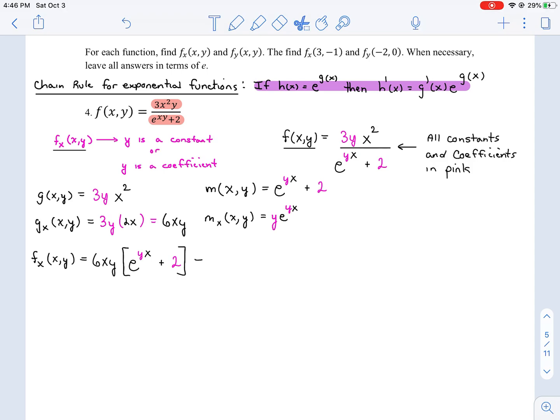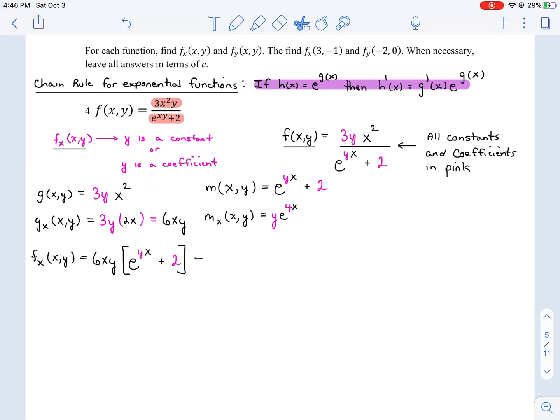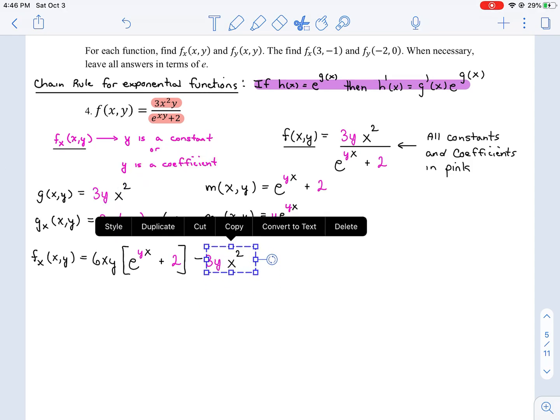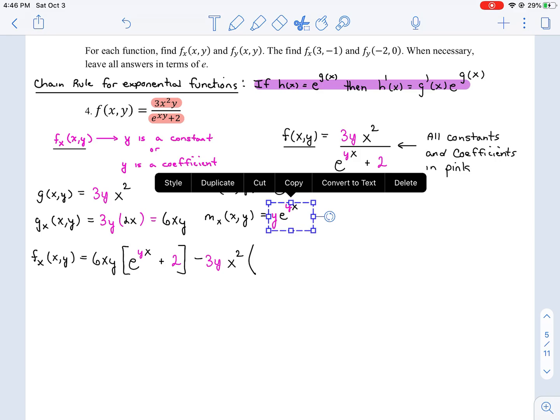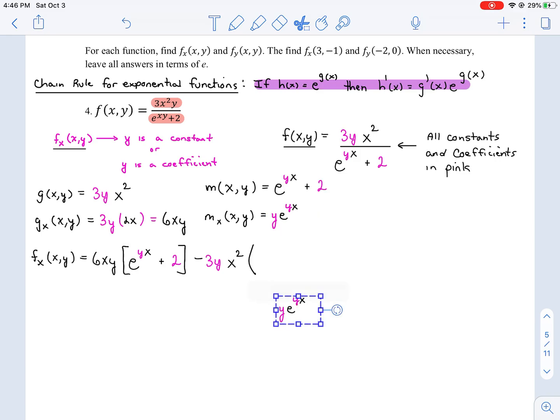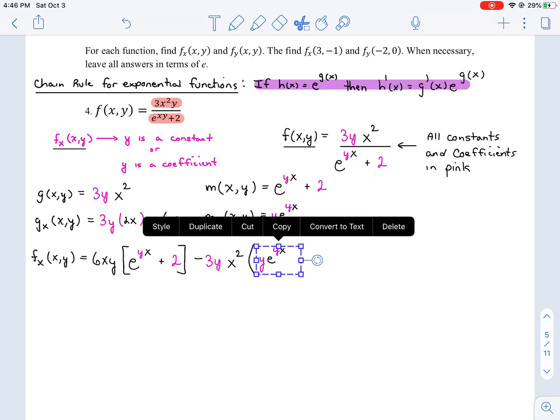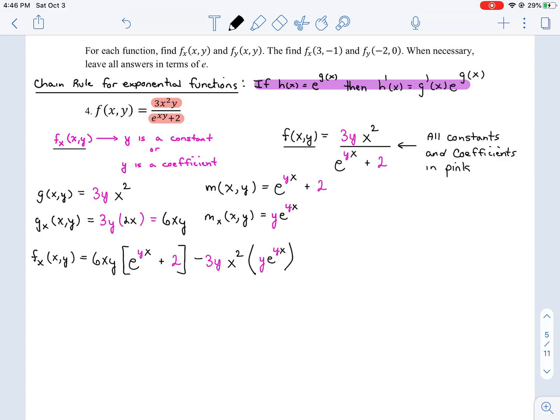And then we're going to subtract the product of the numerator and the partial derivative with respect to x of the denominator. And this difference is going to be divided by the denominator squared.